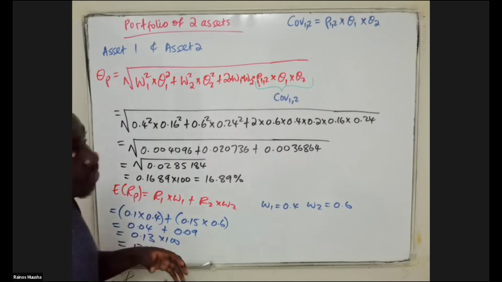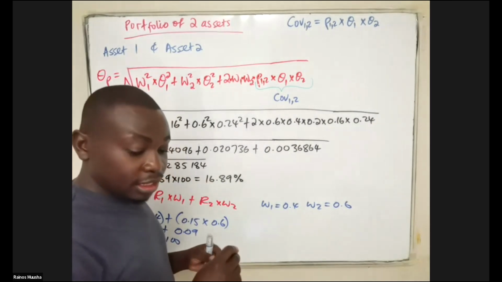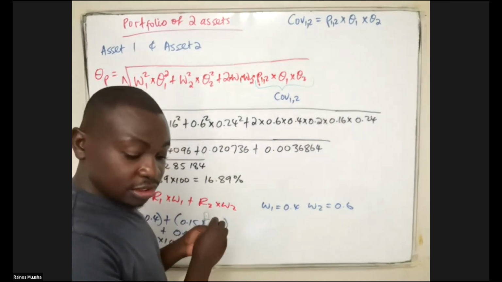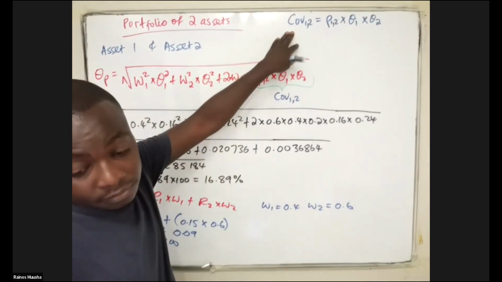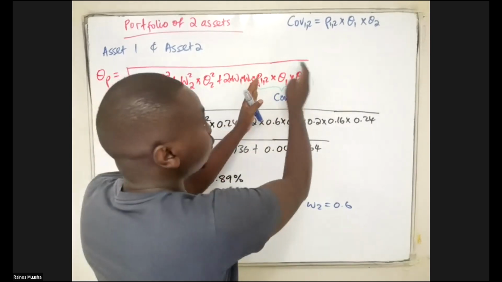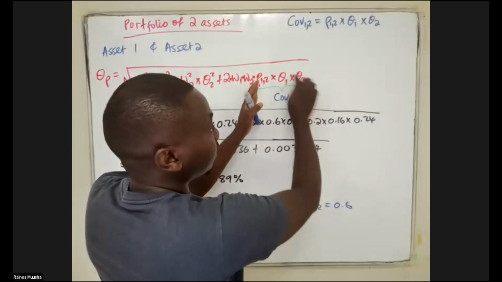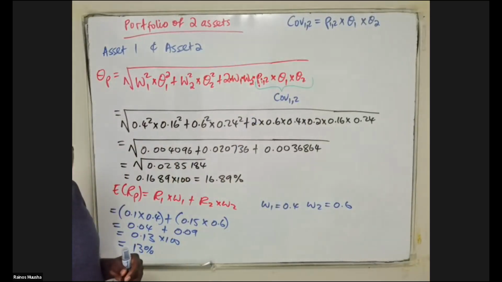What I was trying to say is that on the question you need to check whether they are giving you the correlation coefficient or the covariance. If they give you the covariance, instead of doing the calculation here, you just put in the figure they give you as the covariance. Are we together?